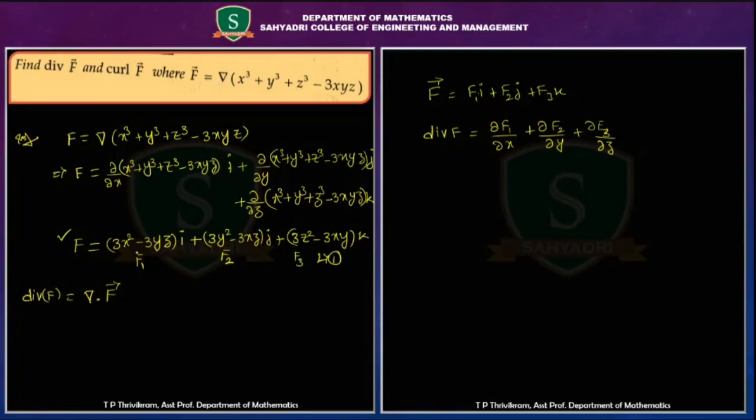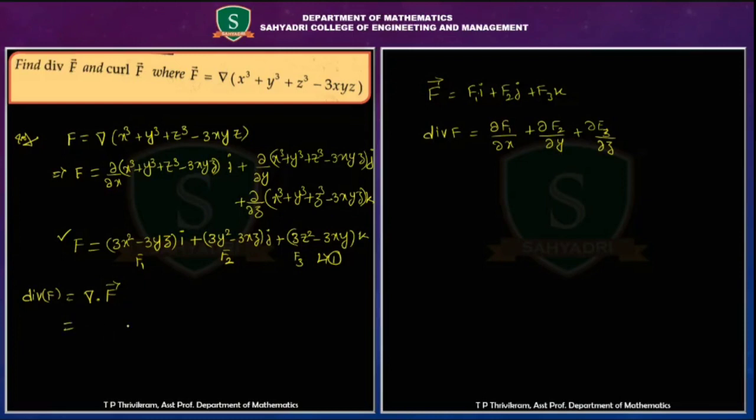Differentiate f1 with respect to x, f2 with respect to y, and f3 with respect to z. That is enough. No need to write dou by dou x i and so on every time, as it will give a lengthy problem.